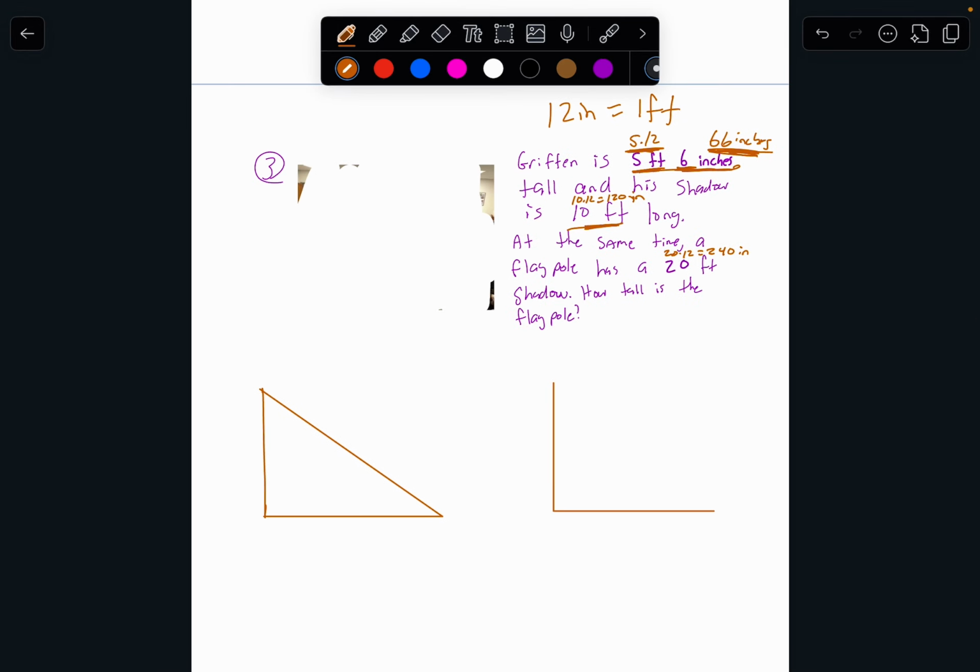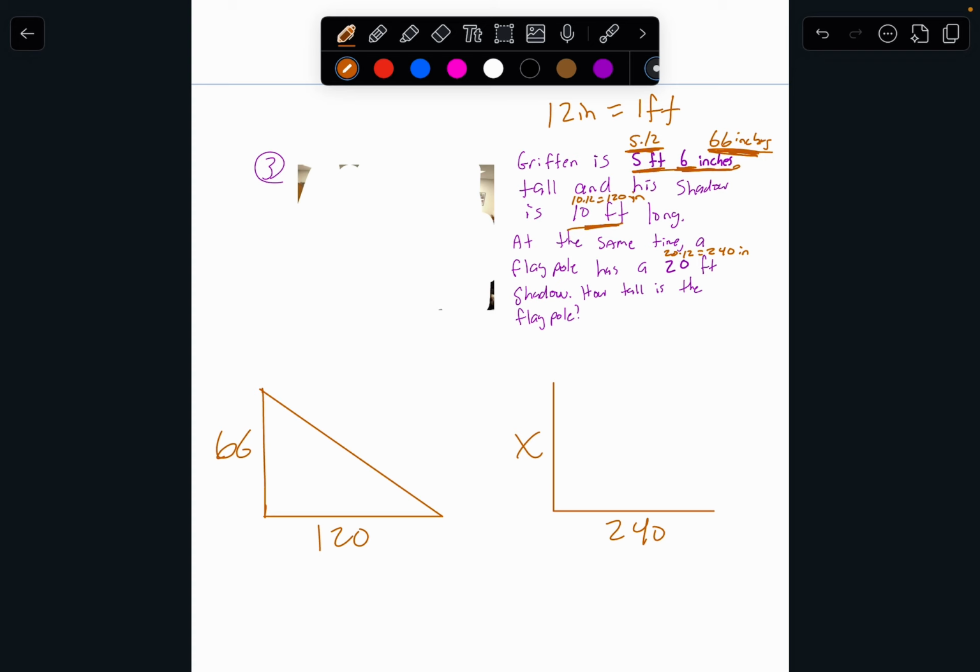All right, so Griffin's height is 66 inches. His shadow is 120 inches. The flagpole's shadow is 240 inches, and we're looking for its height. So I converted everything to inches first. And now I have to set up a proportion.